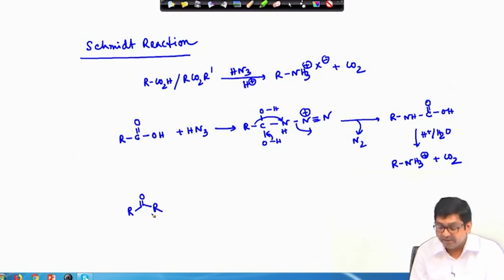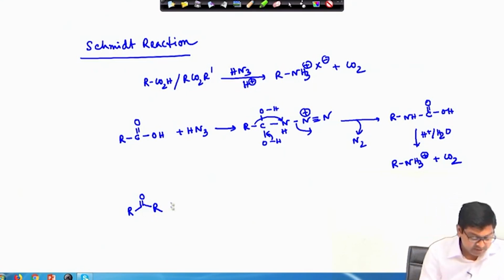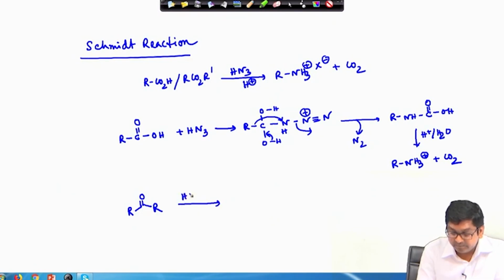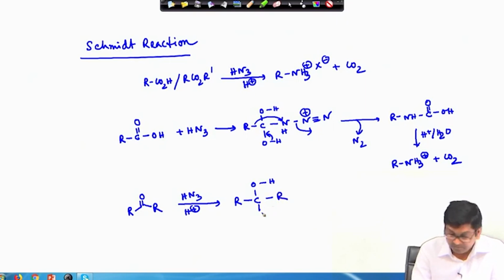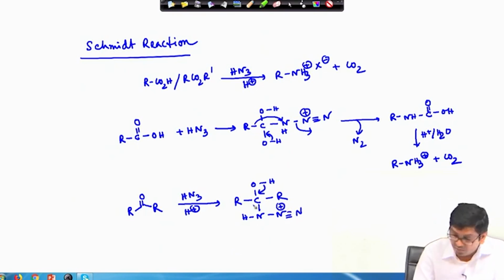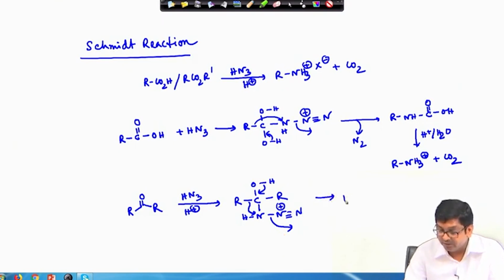For example, if you take this ketone as a starting material in place of carboxylic acid, then in presence of this hydrazoic acid under acidic medium, this will generate this intermediate, and once it generates, it is again ready for this 1,2 migration, then nitrogen can be liberated, and overall what you will get? You will get the corresponding amide.